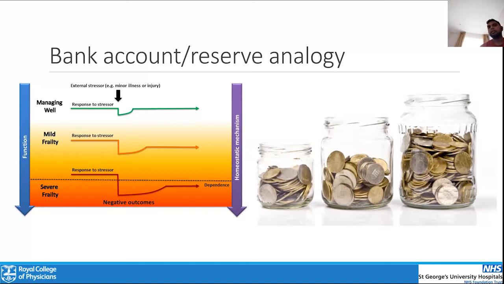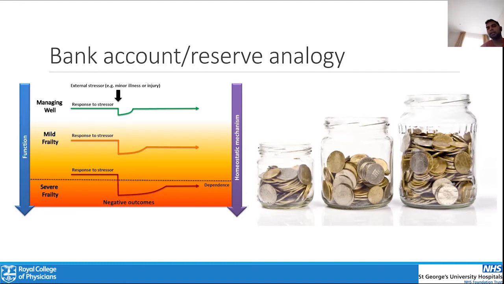So given this complexity, how would you go about explaining it to a member of the public or to a patient themselves? So there are various different analogies that we have, and one is that of a patient who's had a reduction in their physiological reserve, or a reduction in their bank account, for example, whereby each time there's been an acute illness, as you can see on the graph, that actually more and more is taken from that reserve, and not all of it is put back.